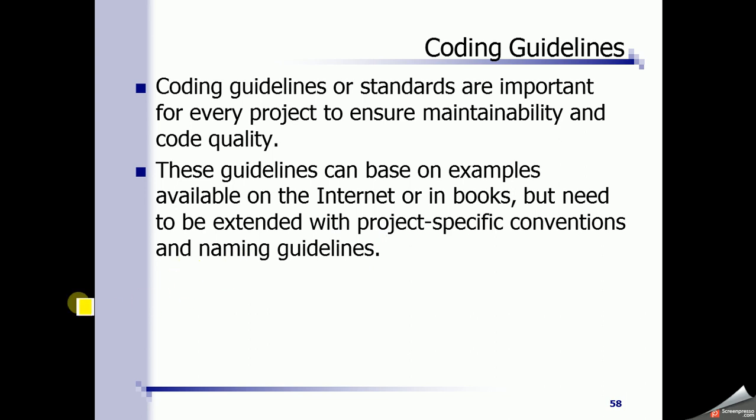Just to give you some idea, naming of the variables or classes or methods is one thing in a project. I'm sure you know about camel case, right? I'm sure you have discussed in any programming course the technique called camel case.